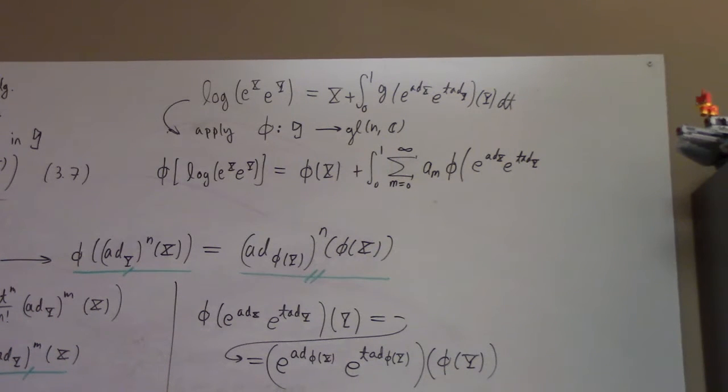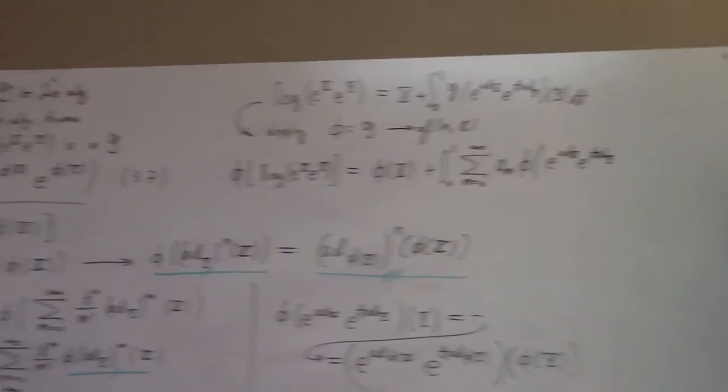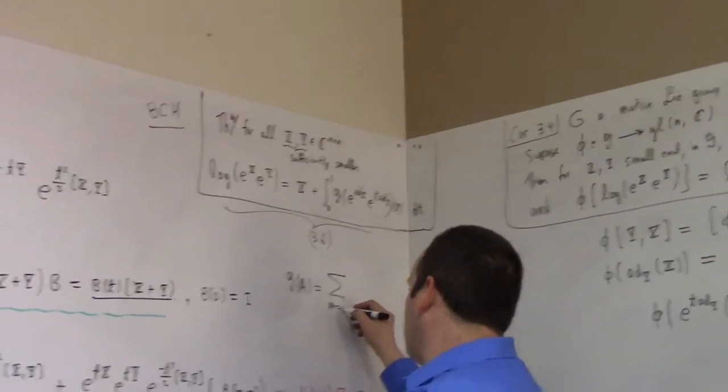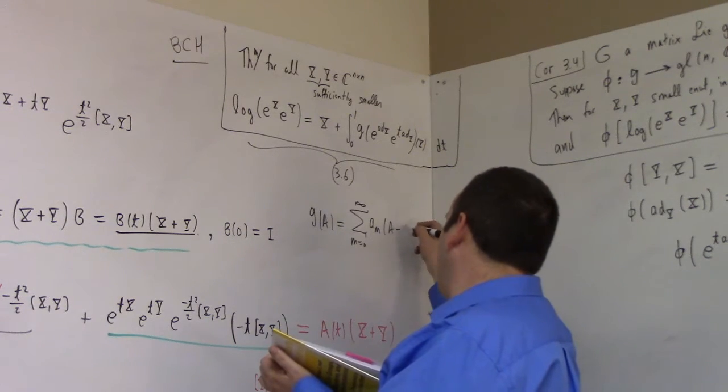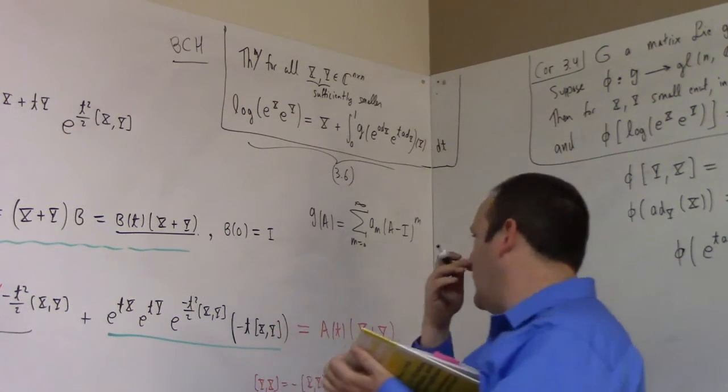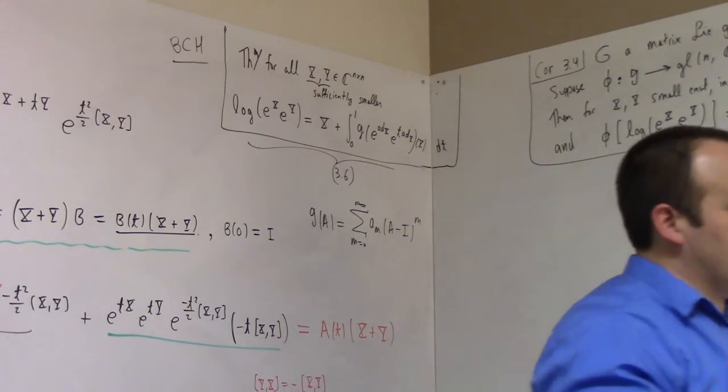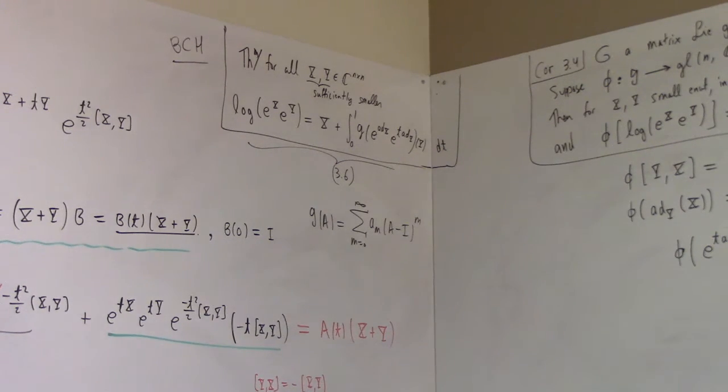The point was g of a was equal to the sum m equals 0 to infinity of a sub m, a minus I to the m full power. And so he's just putting a equal to the product of these exponentials, right? Like it's e to the ad x, e to the t ad y, minus the identity, the m-fold power of that, acting on y.